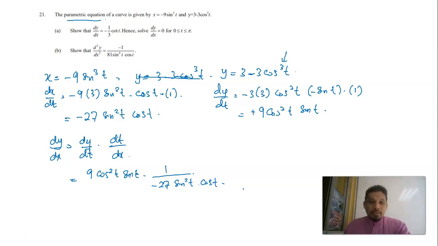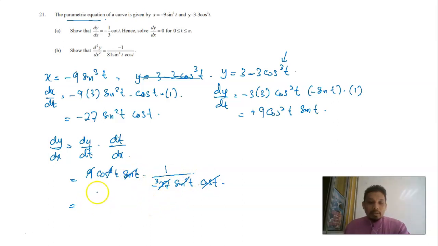Now 9 cos squared t sine t multiplied with 1 over negative 27. 9 divided by 27, negative, gives 1 over 3. Cos squared over cos gives cos, sine over sine squared gives 1 over sine.